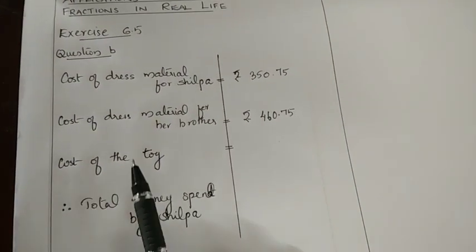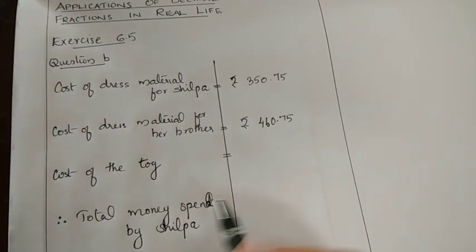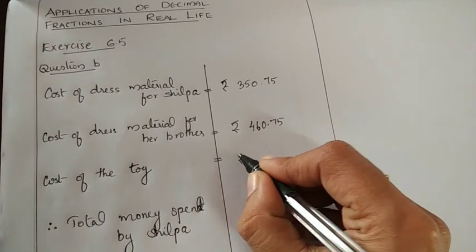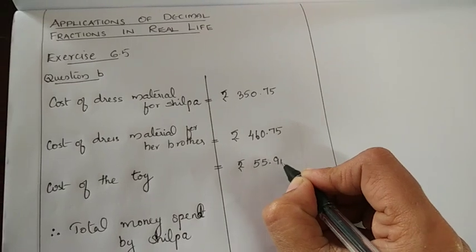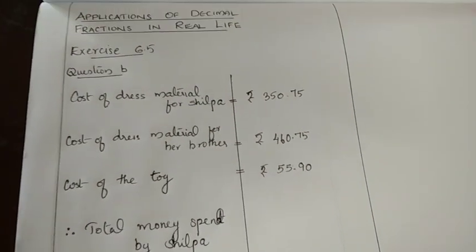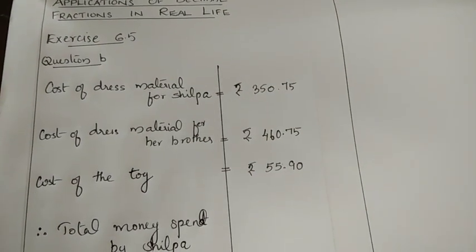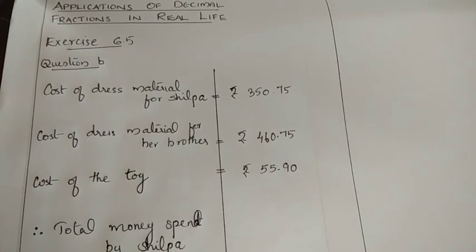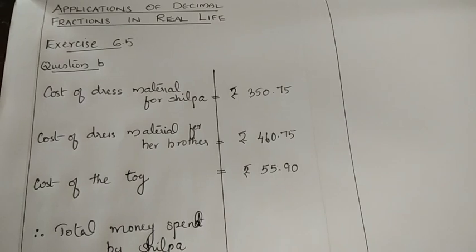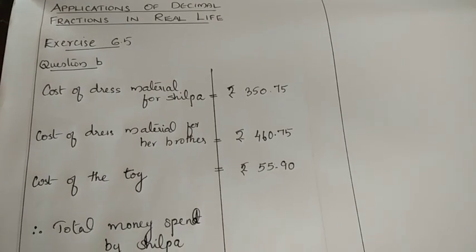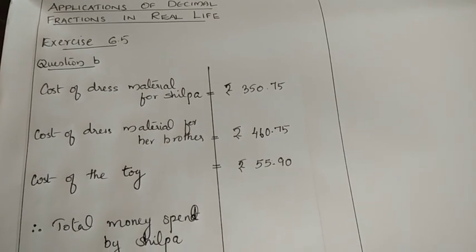Next one, cost of the toy. What was the cost of the toy? 55.90. So these are the expense she made.